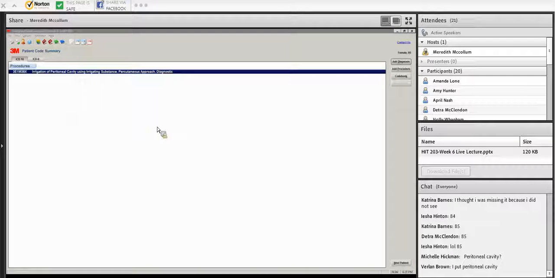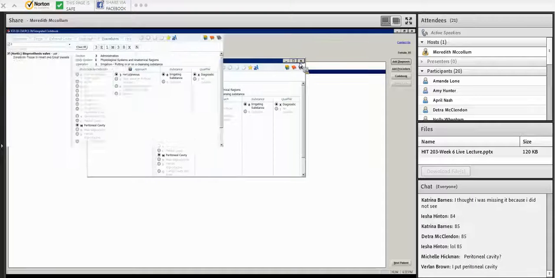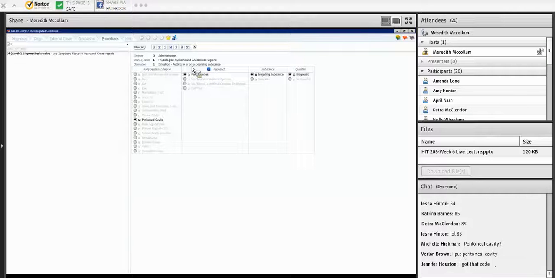Hold on one second. Administration, irrigation, putting in or on a cleansing substance. You know what? Well, they are kind of cleansing that out.